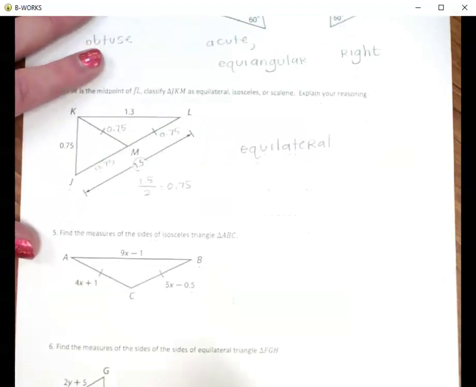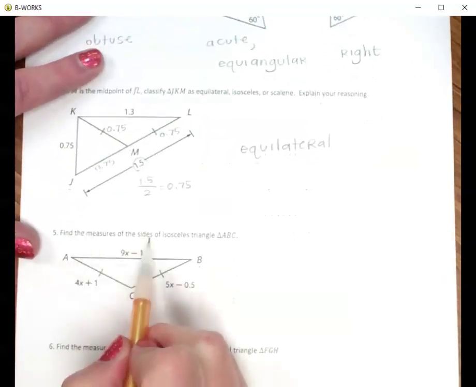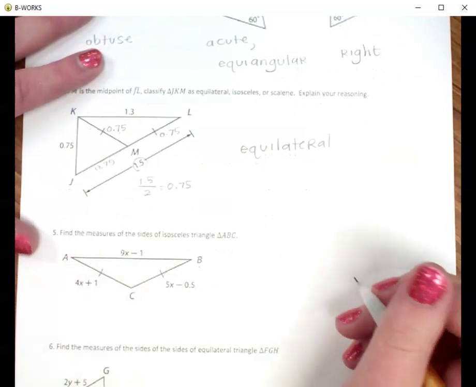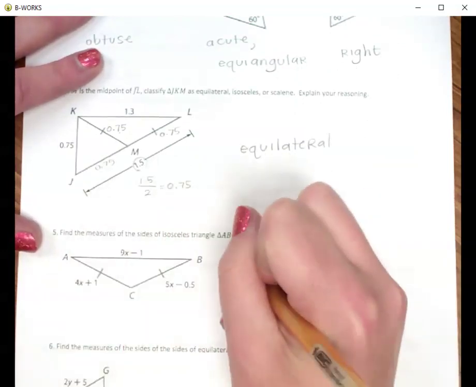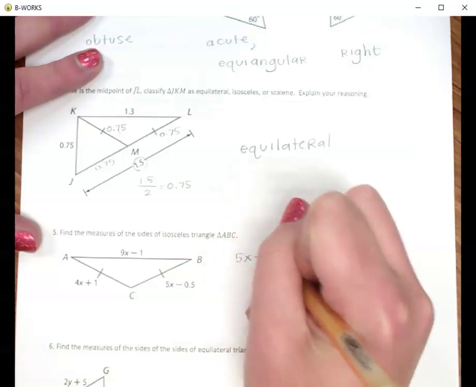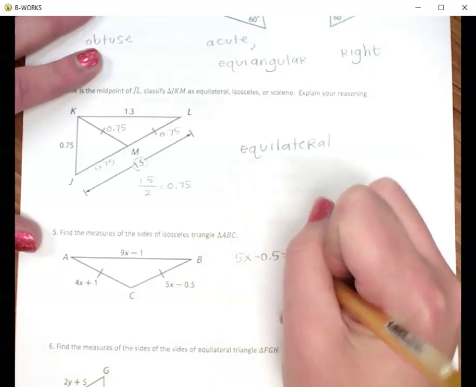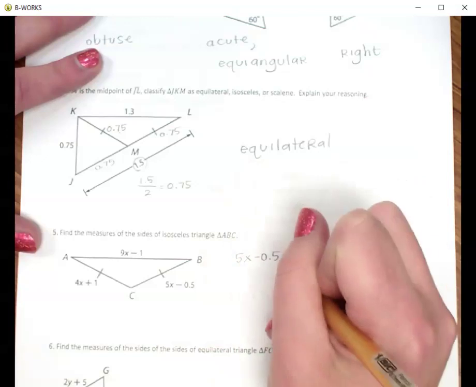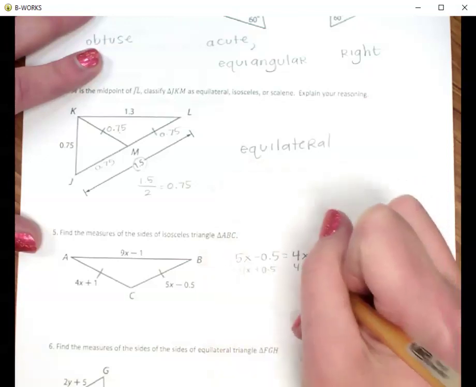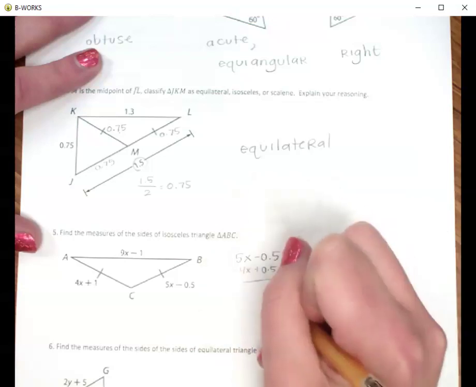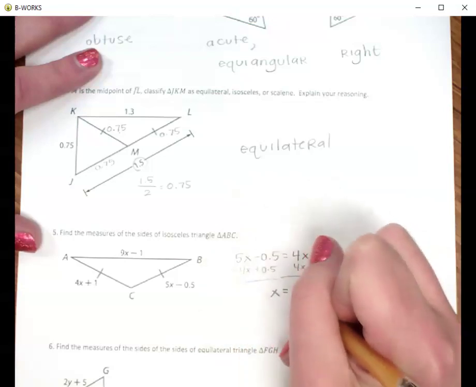Example number 5 says find the measures of the sides of the isosceles triangle. Since these are my two sides that are marked congruent, I'm going to set 5x minus 1/2 equal to 4x plus 1. If I move 4x and I add the 1/2, I get an x value of 1.5.